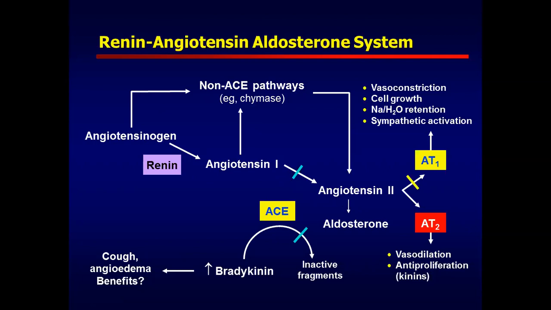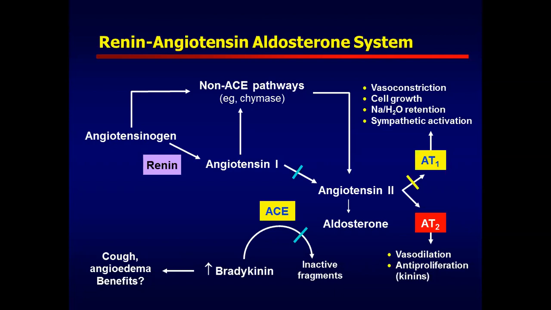They will break angiotensinogen down to angiotensin 2, bypassing this step. So in a very small minority of patients treated with ACE inhibitors, they might recur with high blood pressure. Actually, this is very, very rare.